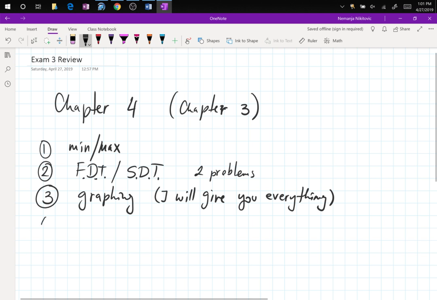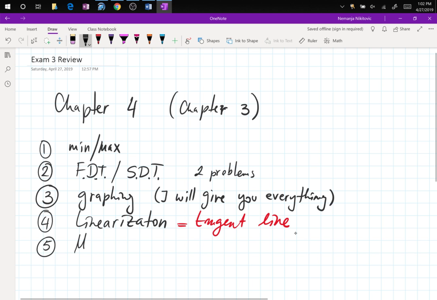Number 4, linearization. Equal tangent line. This is half of one of the lectures. Number 5, mean value theorem.